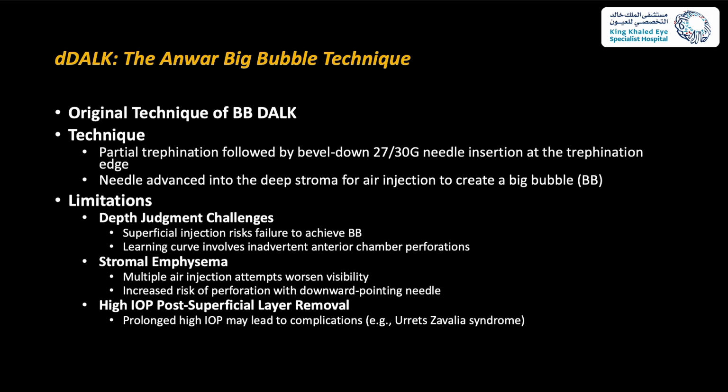The limitation of the original technique is superficial injection risk, because you cannot actually see the depth that you are working with. In addition, sometimes you are faced with stromal emphysema, as well as high IOP or a prolonged high IOP period while removing the superficial anterior lamellar layer, which predisposes the patient to Urrets-Zavalia syndrome.